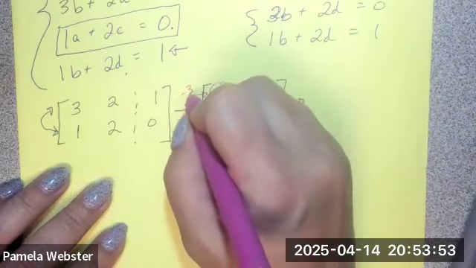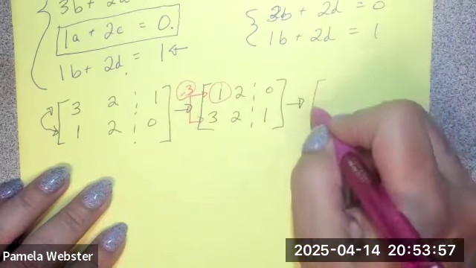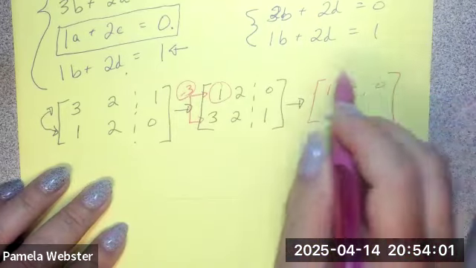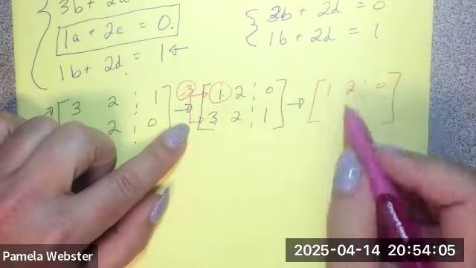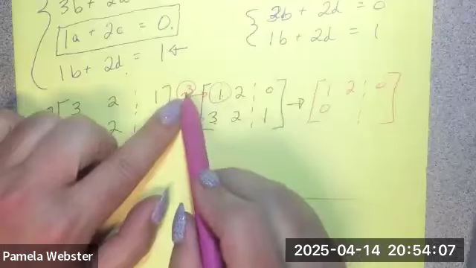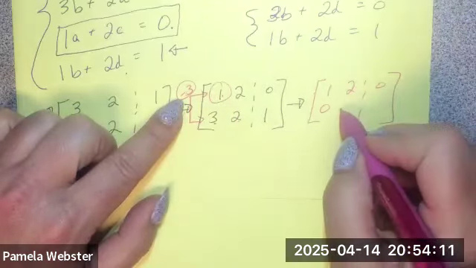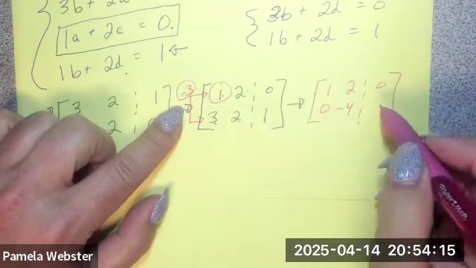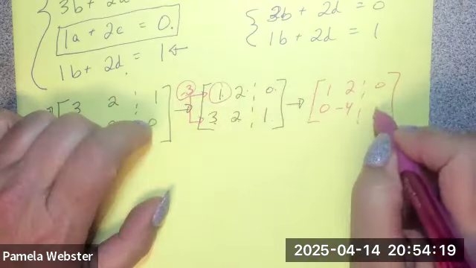And I'm going to multiply by -3. Okay, so I'm not changing the top row. 1, 2, 0. Okay, -3 times 1 is -3 plus 3. That's my 0. That's what I'm after. -3 times 2 is -6 plus 2 is a -4. -4, yep. And -3 times 0 is 0 plus 1 is a 1.